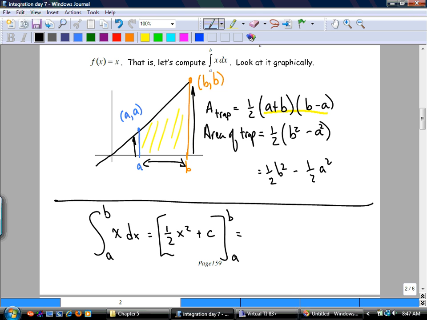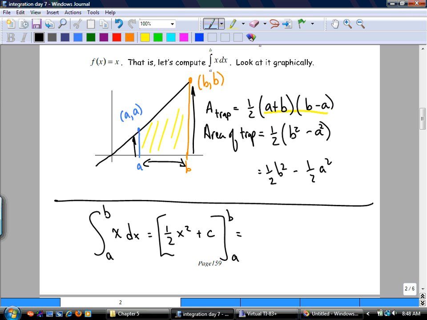Anybody care to take a risk and tell me how I'm going to get the answer above? Take a risk. Okay, you both said the same thing, just in different ways. Substitute a and b in for x. Is that what you said?